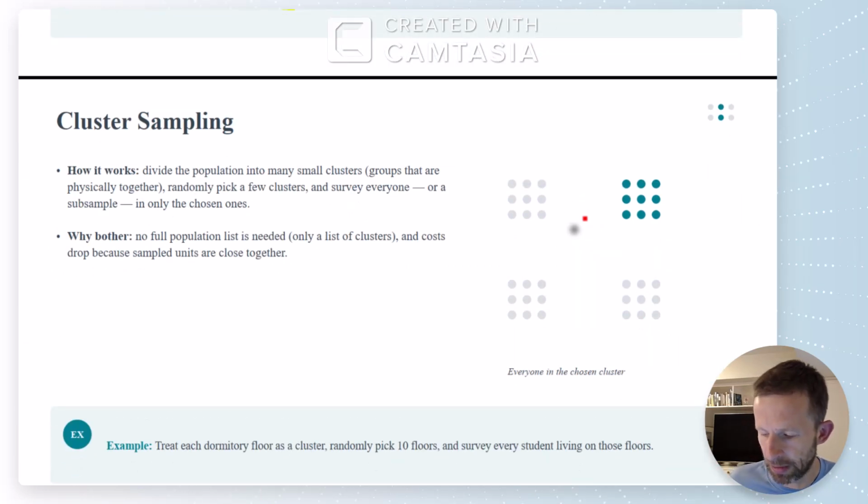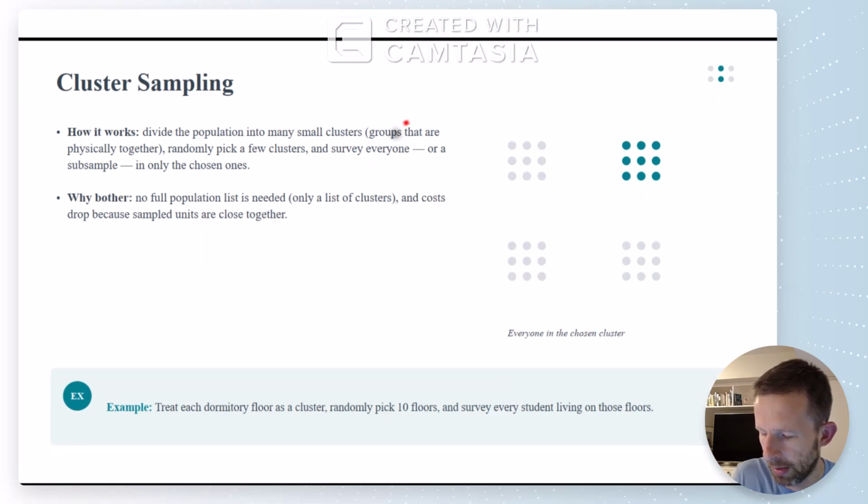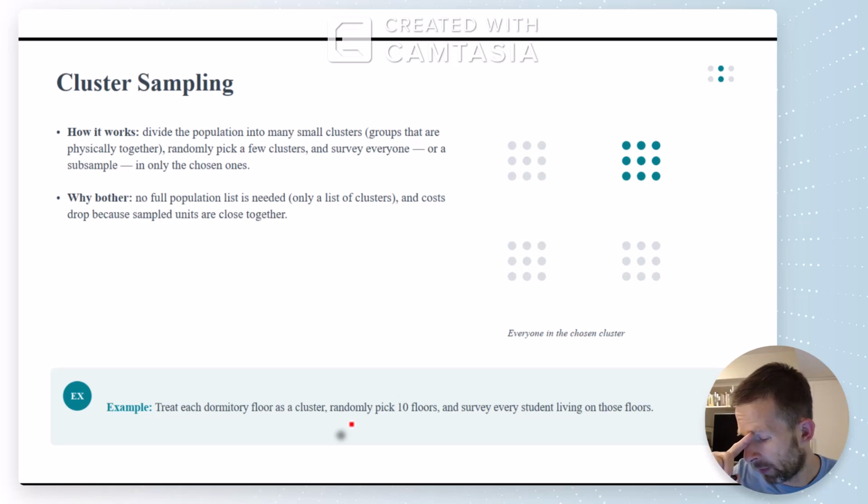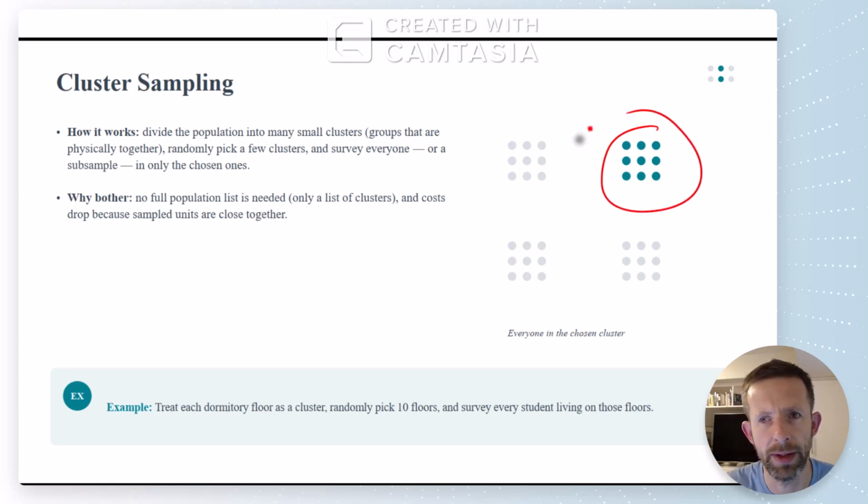Cluster sampling: divide the population into small clusters, groups that are somehow similar to one another, and then randomly pick a few clusters and then survey everyone there. For example, I can look at dormitory floors as clusters and randomly pick 10 floors out of the university. And then I would sample every single person in the cluster.